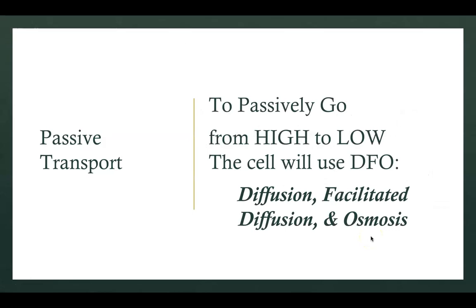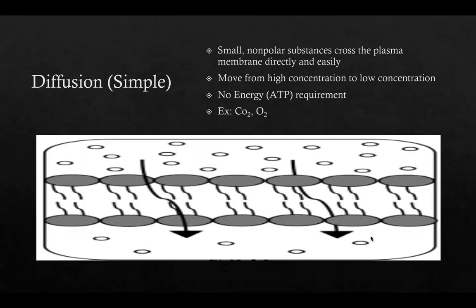So, to passively go from high to low, the cell will use DFO. D represents diffusion, F is for facilitated diffusion, and O is osmosis. Now, diffusion is often called simple diffusion, and this is what happens when particles are able to actually slip through the spaces between the phospholipids and be dissolved across that internal nonpolar region of the phospholipid bilayer.